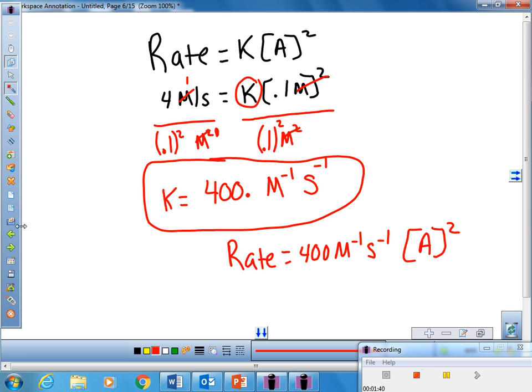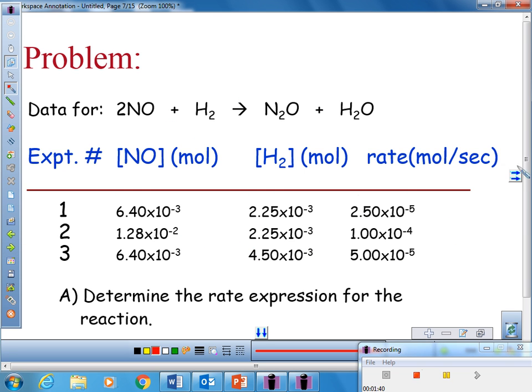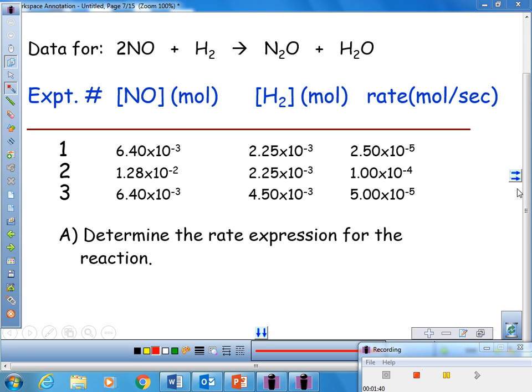All right. So moving on, basically we have the same type of problem, but this time we've got moles and we've got seconds instead of molarity per second. We've got moles per second, and we actually have some real chemicals in here instead of just A and B. So we have nitrogen monoxide plus hydrogen making dihydrogen monoxide and dinitrogen monoxide, or water for one of them.